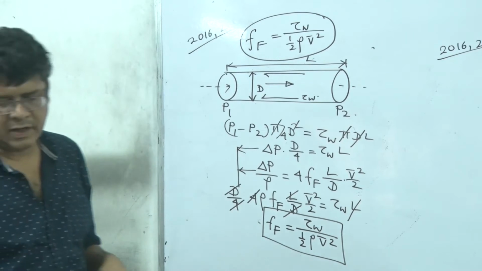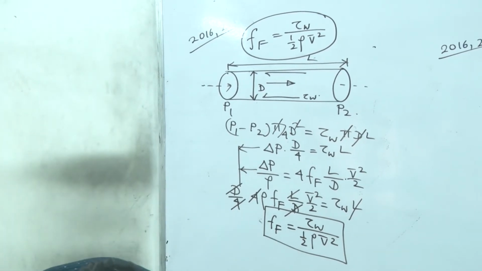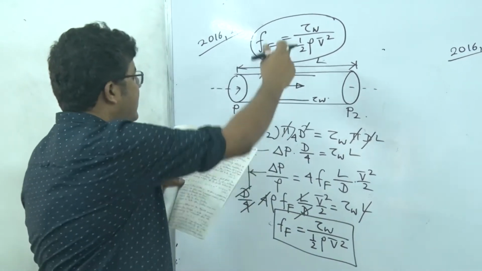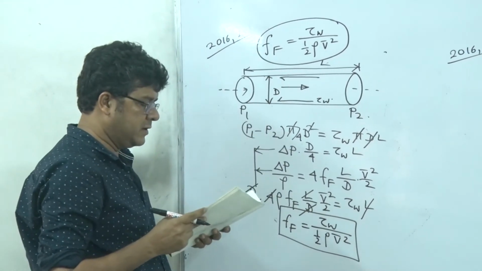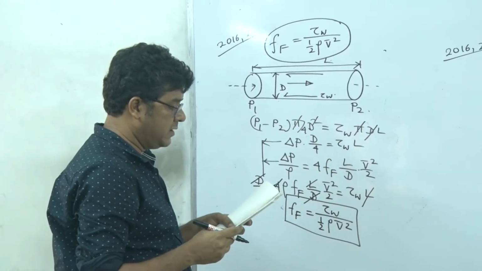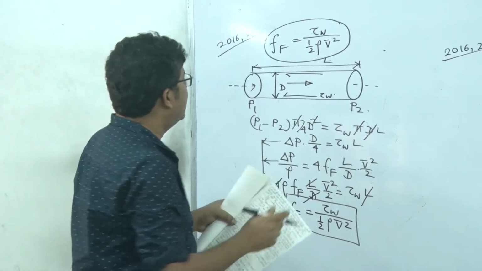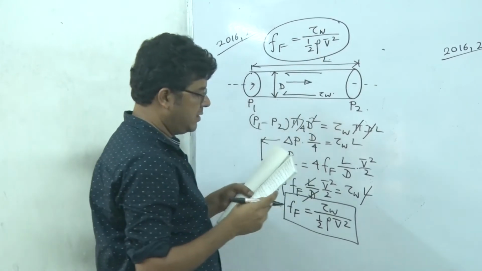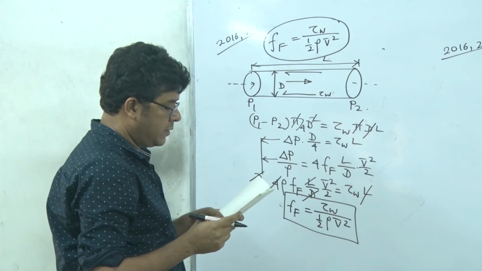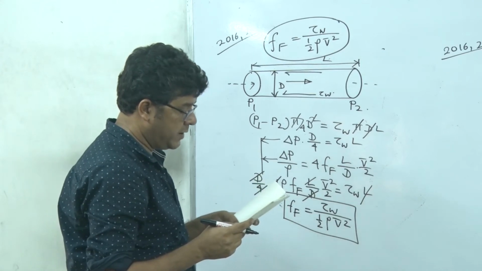So now what is the problem statement? It is given tau W is the shear stress at the pipe wall, rho is the density of the fluid, and V bar is the average velocity of fluid in the pipe.